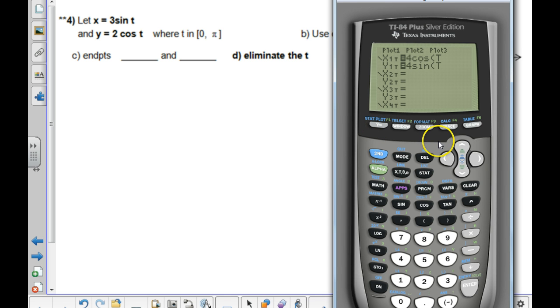Be careful, they switched the sine and cosine, right? It is still 0 to pi. It's very odd, though.